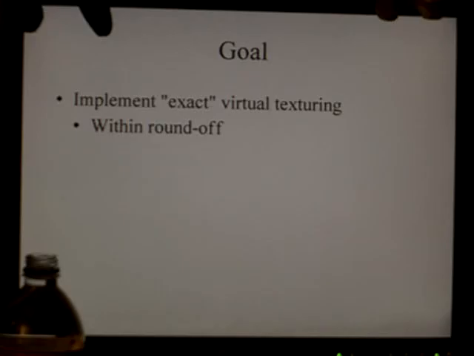There's just not going to be any loss. That's only true within round-off error. I don't mind if there's some round-off error, so there's tiny fractional differences. And this is only as long as I have enough memory and download bandwidth and other limitations to get the data into the system. But as long as I can get all the data that I need into the page tables and the physical textures, it's going to try to be exact.